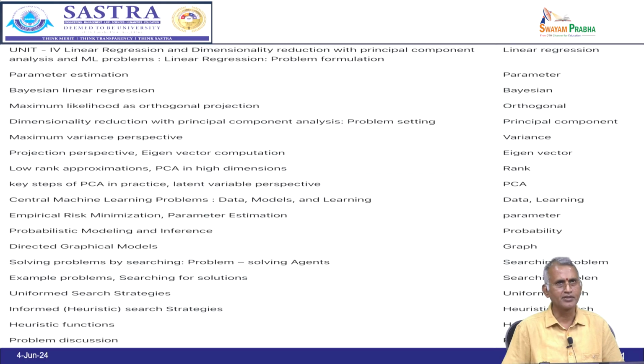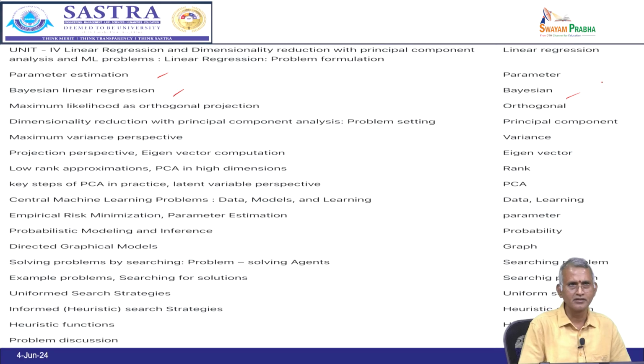Next, parameter estimation under the topic of parameter, and Bayesian linear regression under the topic of Bayesian, maximum likelihood as orthogonal projection, dimensionality reduction with principal component analysis and problem setting, maximum variance perspective, projection perspective of eigenvector computation.